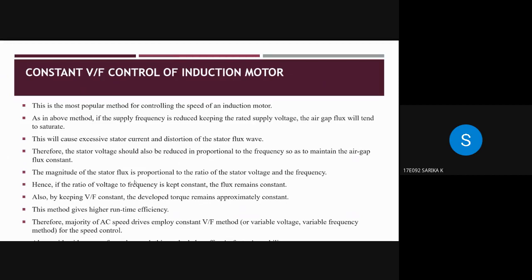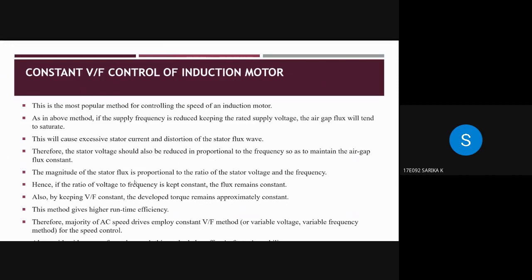Therefore, the stator voltage should also be reduced in proportion to the frequency so as to maintain the air gap flux constant. The magnitude of the stator flux is proportional to the ratio of the stator voltage and the frequency. Hence, if the ratio of voltage to frequency is kept constant, the flux remains constant.